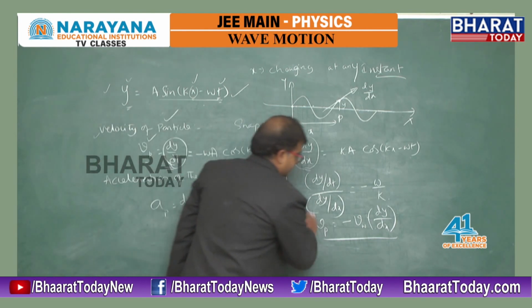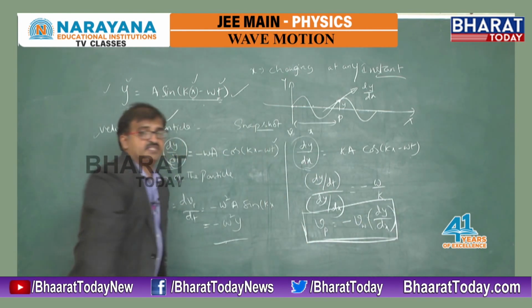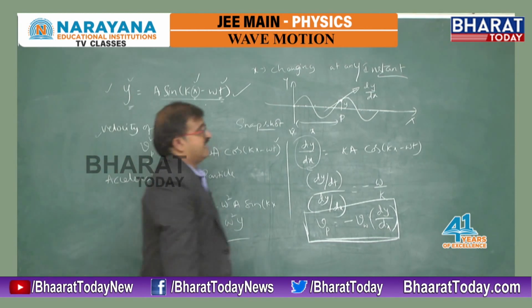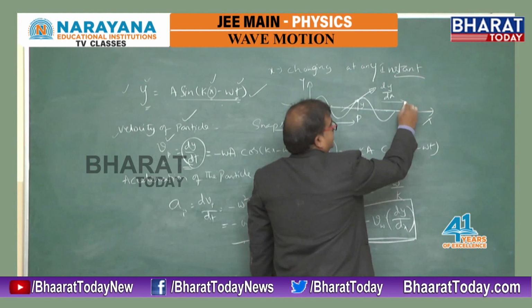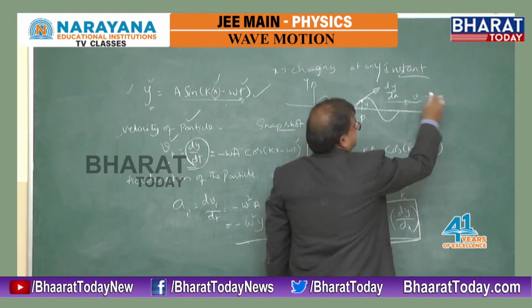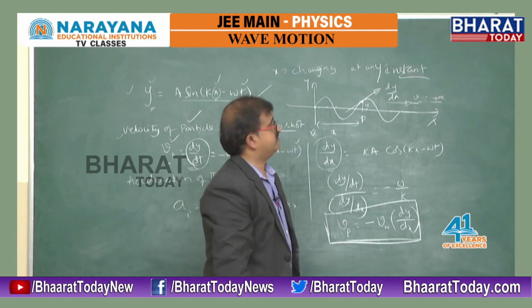So this relation is very useful in understanding the way the wave is traveling from one end to another. If this velocity v is given, in the positive direction, that means vw is positive.